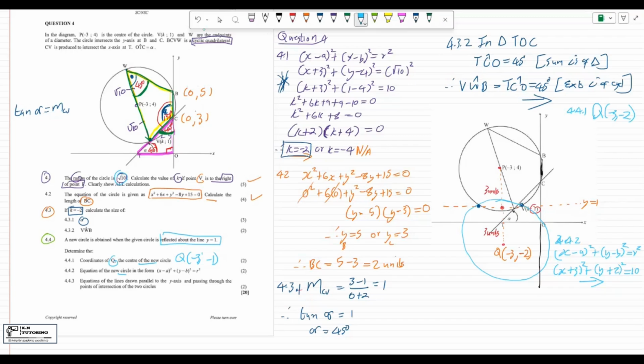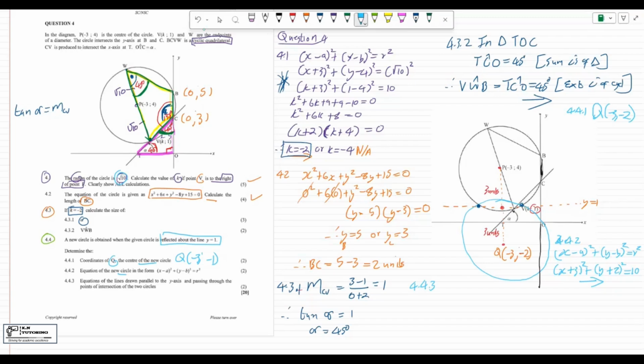Lastly, 4.4.3. It says determine the equations of the lines parallel to the y-axis and passing through the points of intersection of the two circles.